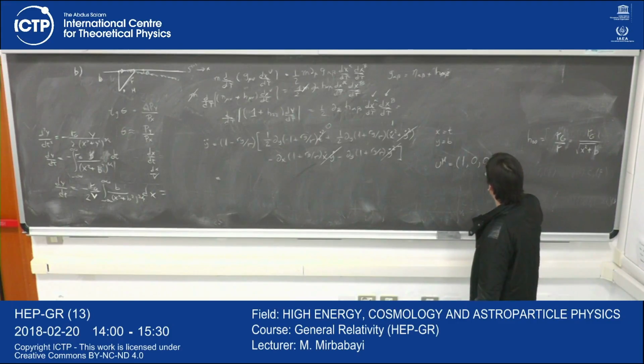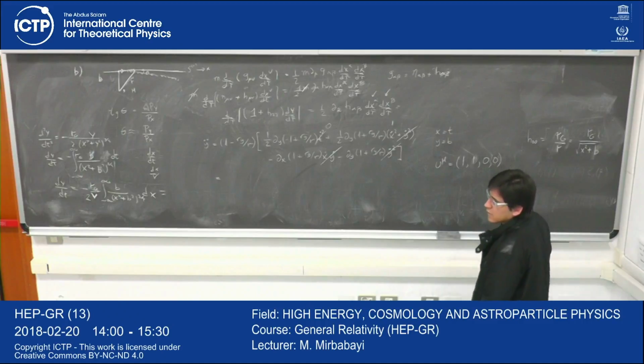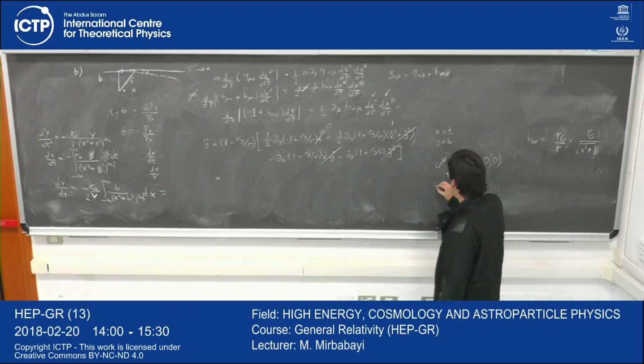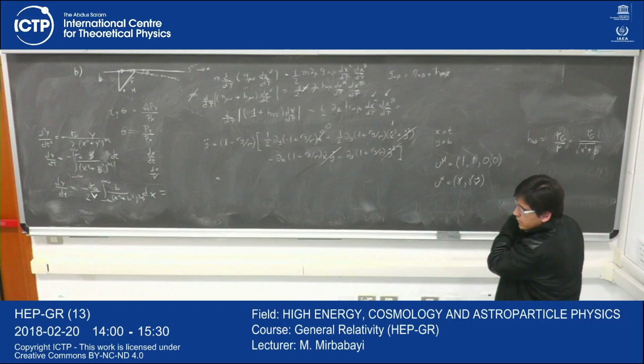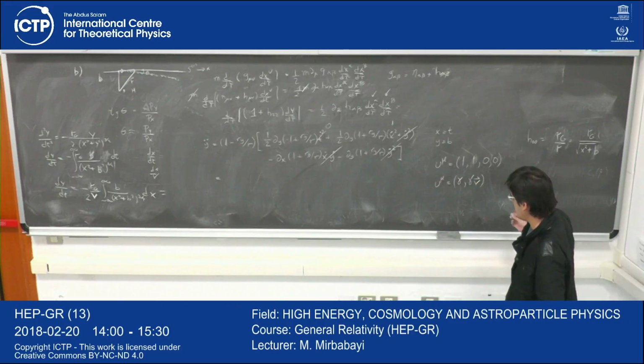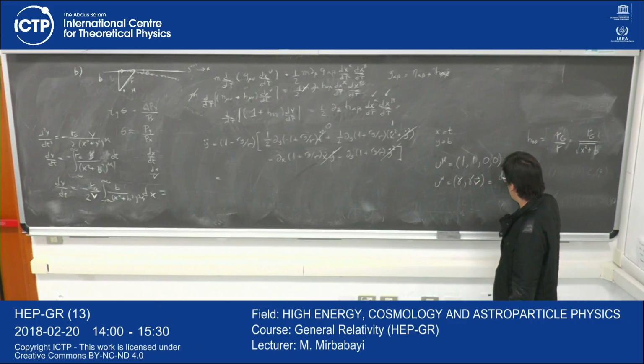It's moving in x. In general, imagine some particle moves with velocity v. What would be its four-velocity U mu, for something that moves with velocity v? Okay. Now, what is the definition of four-velocity in terms of derivatives of the coordinate?